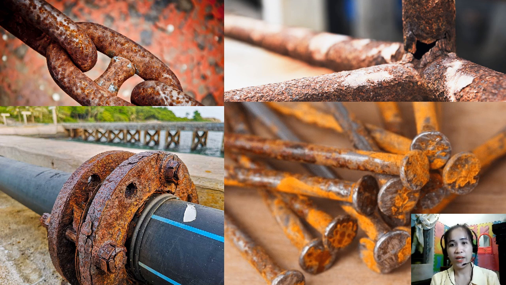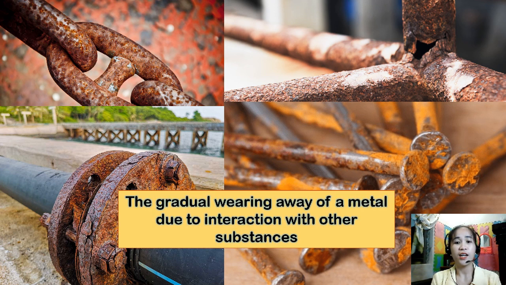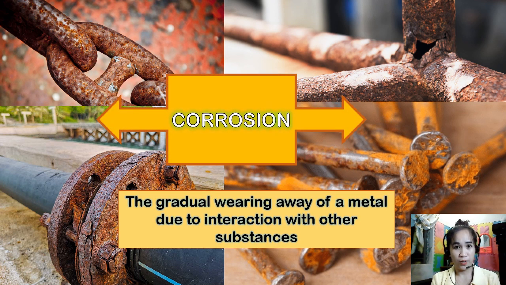The gradual wearing away of a metal due to interaction with other substances is called corrosion. Okay, so again, the gradual wearing away of metal due to interaction with other substances is called corrosion.